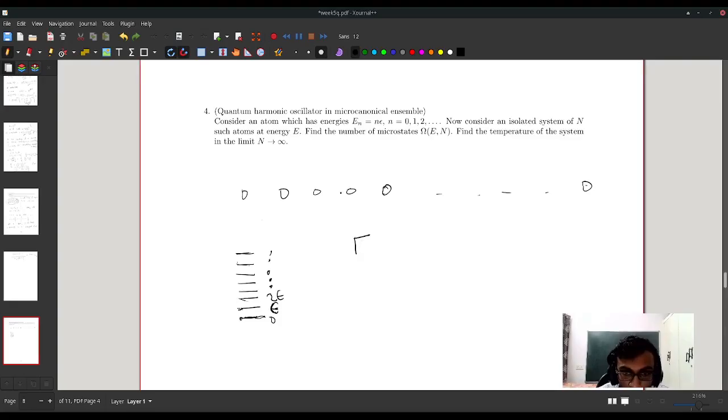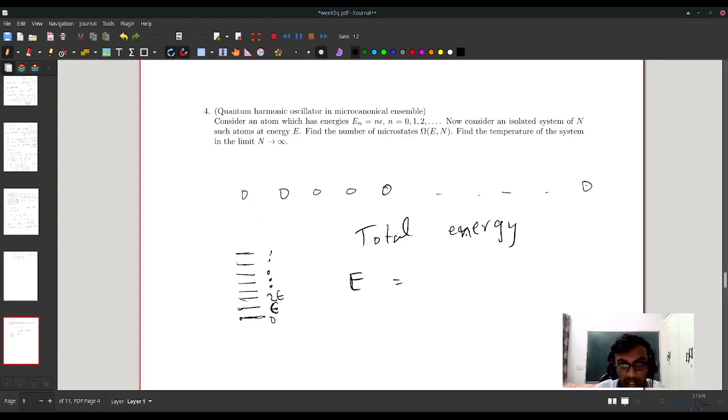So we can write the total energy of the system as the sum of energies of these individual objects.